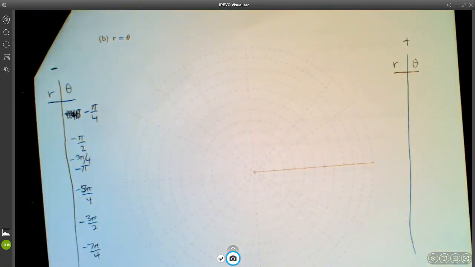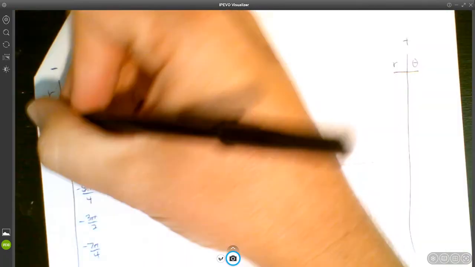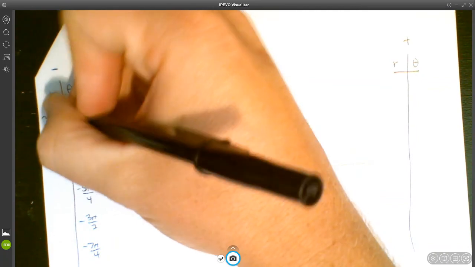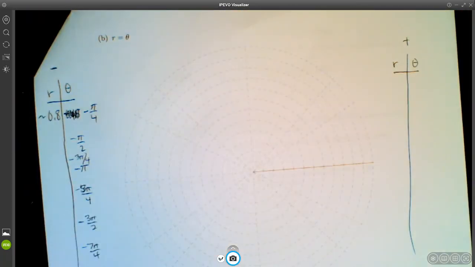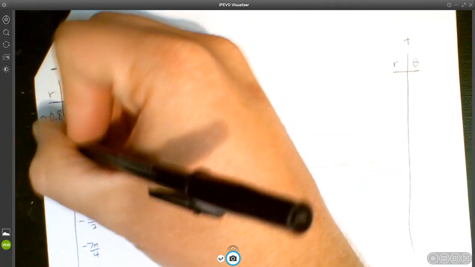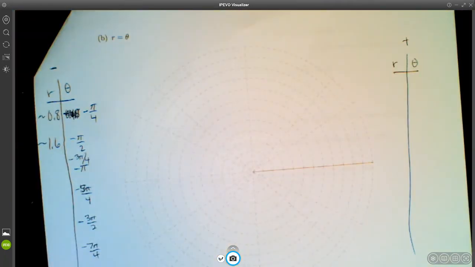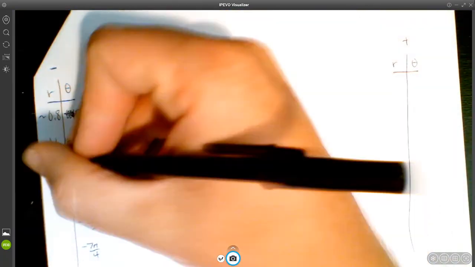So r is just exactly equal to theta. So what is pi over 4? It's about 0.8. Pi over 2 is about 1.6. 3 pi over 4 is about 2.4.